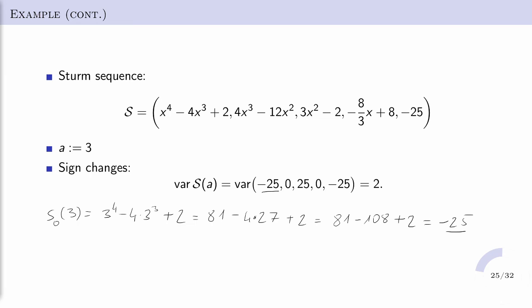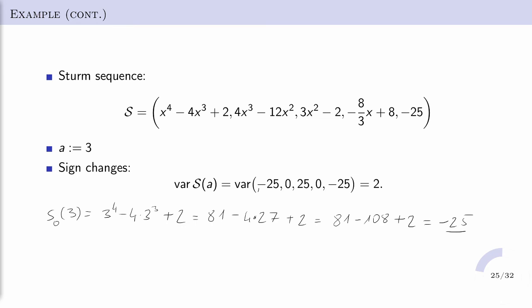And analogously, we evaluate all the remaining polynomials at a, so we arrive at these values. And let me show you how many sign changes are here. We ignore zeros, so we concentrate only on the real sign changes.